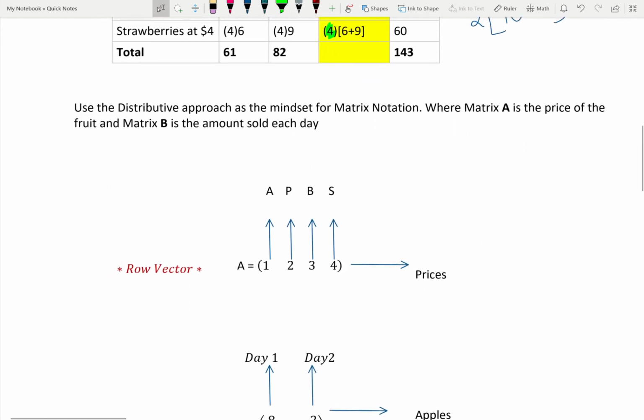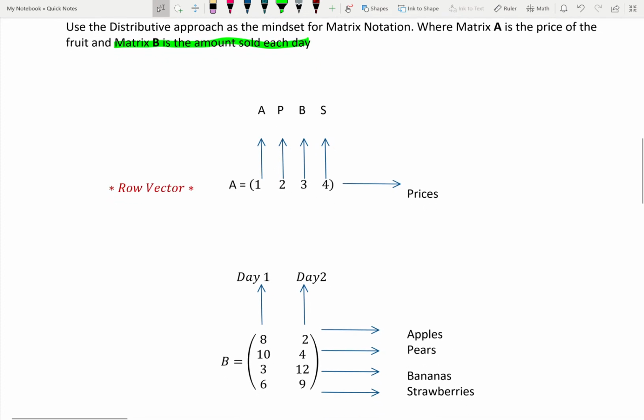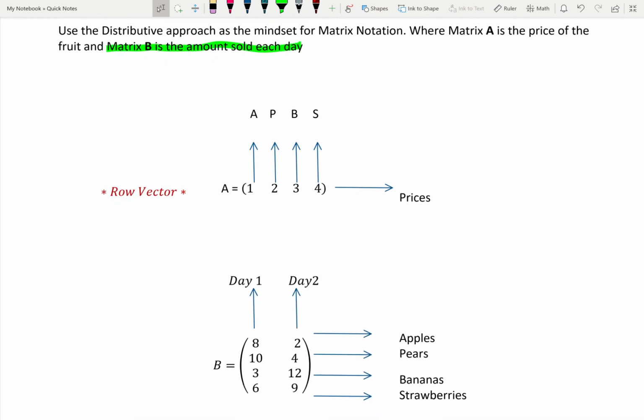Matrix B, like I told you guys, is going to be the amount sold each day. So matrix B looks like this, where column 1 represents the day that we're talking about, and column 2 represents the second day, and each row is going to represent which fruit we're talking about. So for instance, what does this 10 represent?